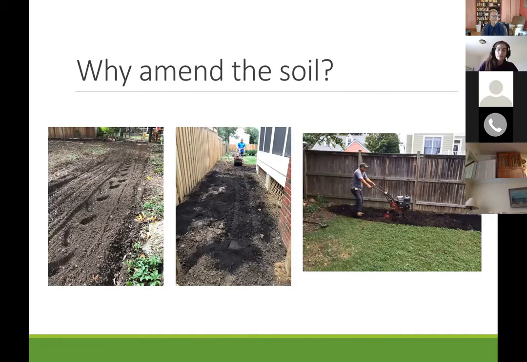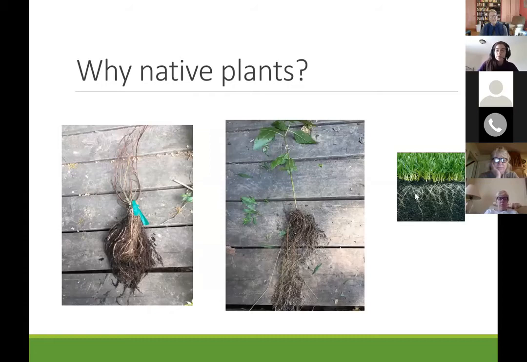We do recommend installing those landscapes, amending the soil, trying to break up some of the compaction and including a compost material amendment, again, just to increase the water holding capacity of the soils at that upper level. Let those plant roots have an opportunity to establish and really spread through that area.